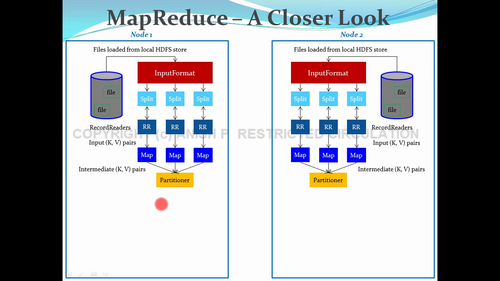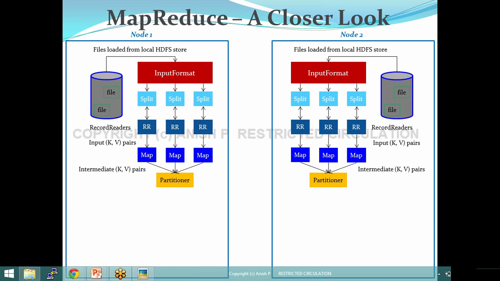Suppose I am having, say, 10 keys whose partition is the same. Understand this carefully. Output of the partitioner will be like n number of keys. Suppose in the first partition I am having 5 keys and all the values corresponding to them. In the second partition, suppose I am having 7 keys and all the values corresponding to them, and so on. In this manner I'll be having n number of different partitions.